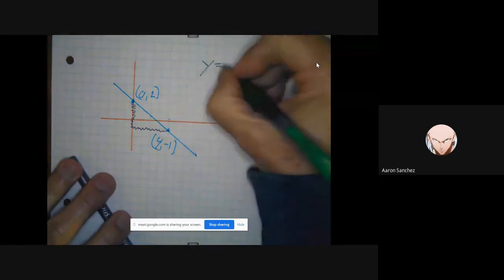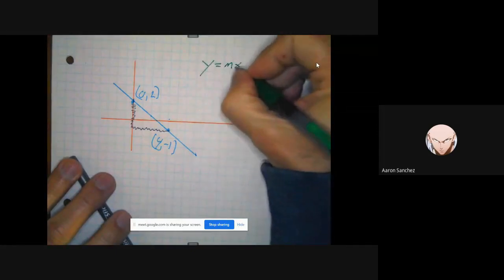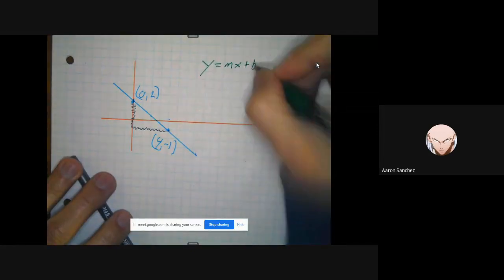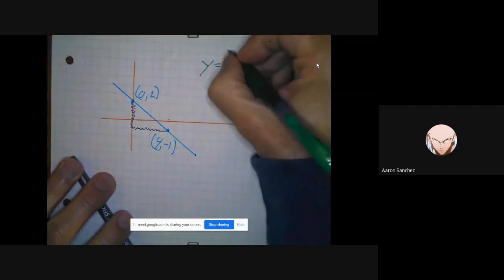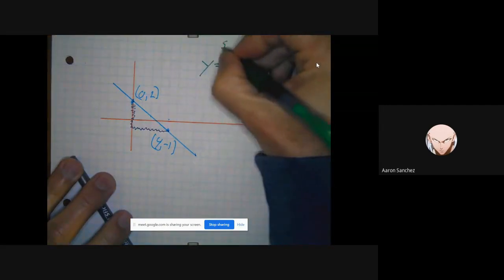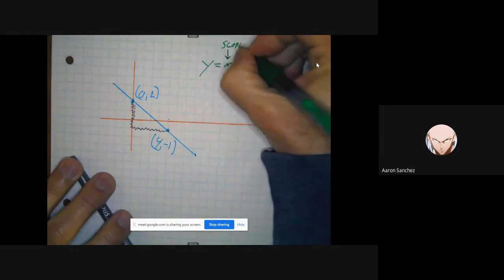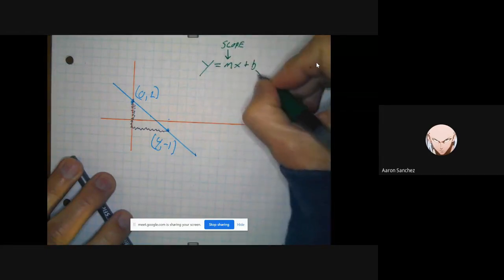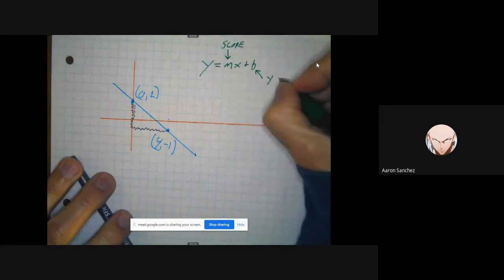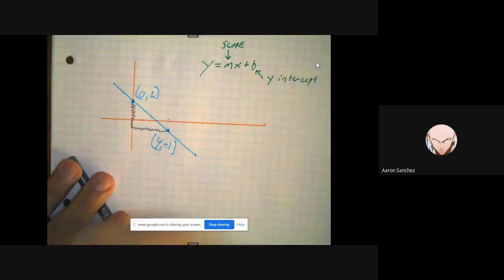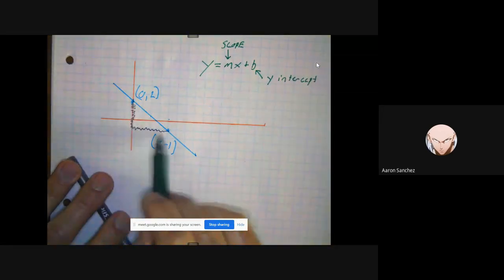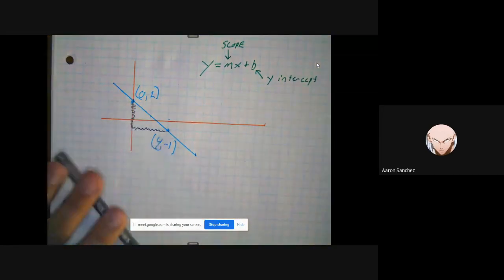Remember, slope-intercept form is y equals mx plus b. You got to do it in that form, where m is the slope. It's called slope-intercept form. And b is the y-intercept. Well, what's the slope? The slope is the rise over the run, but I'm going down. So it's going to be negative.